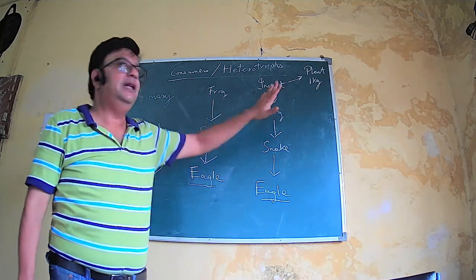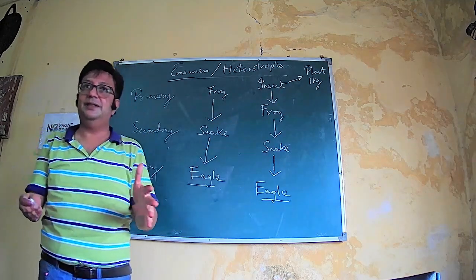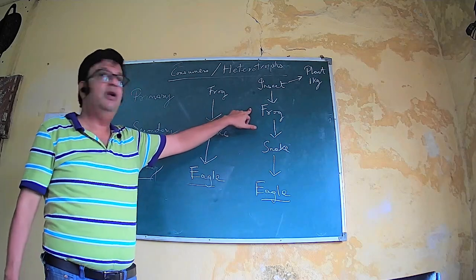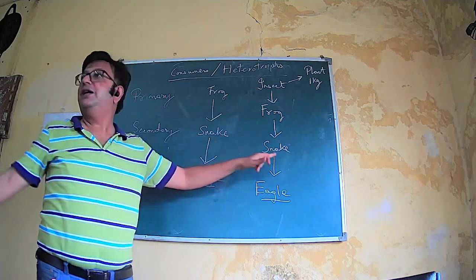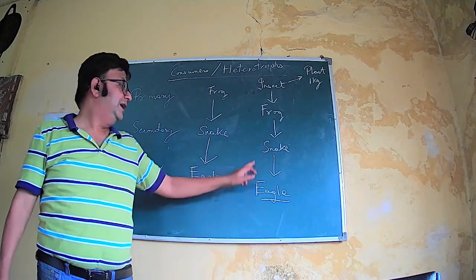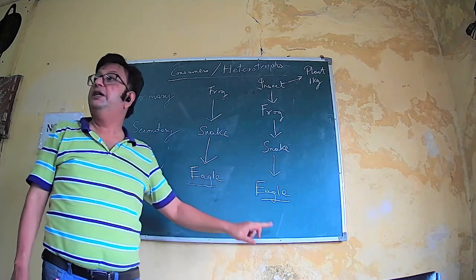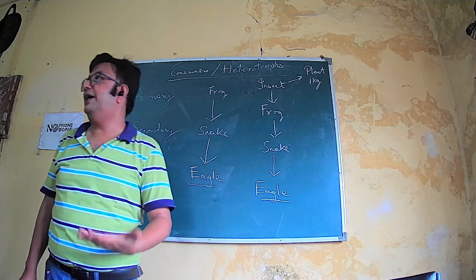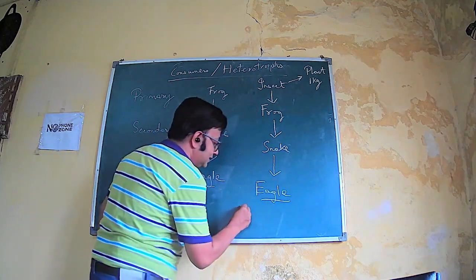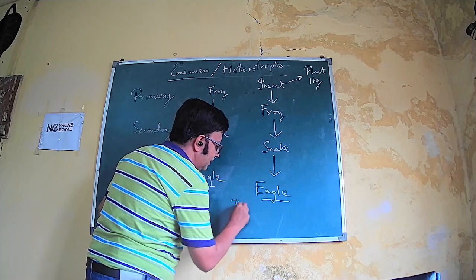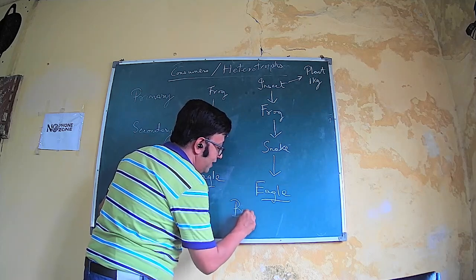An insect will take lots of plants. One frog will take lots of insects. Snake will take lots of frogs, and eagle will take lots of snakes for their diet. At each step, the chemical gets magnified. This is known as biomagnification.